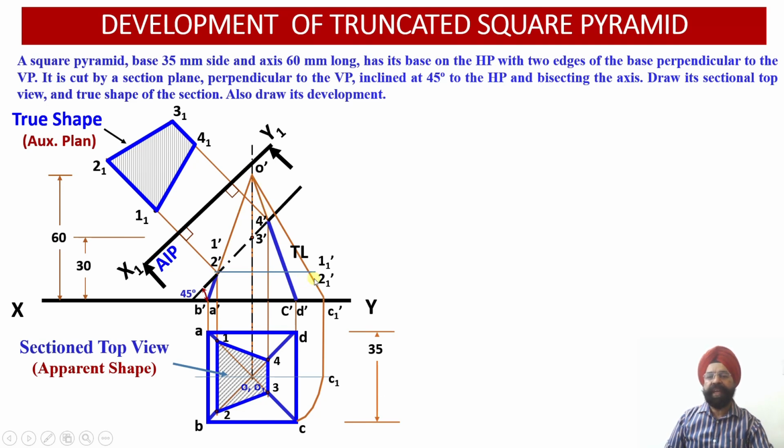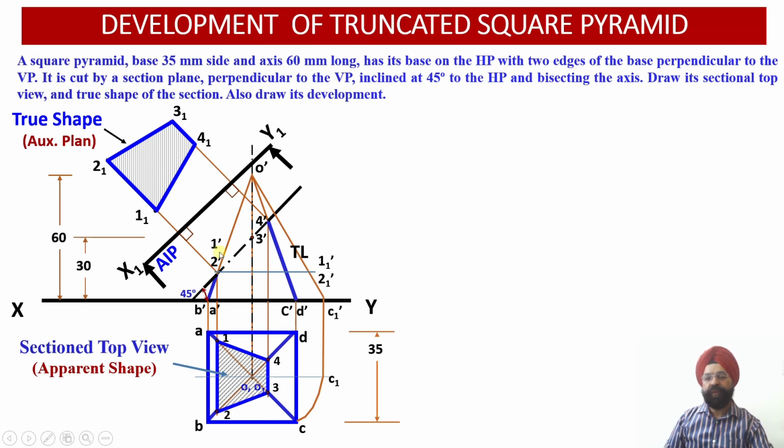So since I have measured the true length, I am going to work out the true length distances corresponding to these 4 points of intersection onto the true length over here. Once I transfer this, from 1 dash 2 dash I have drawn a horizontal line which will be intersecting with my true length over here.